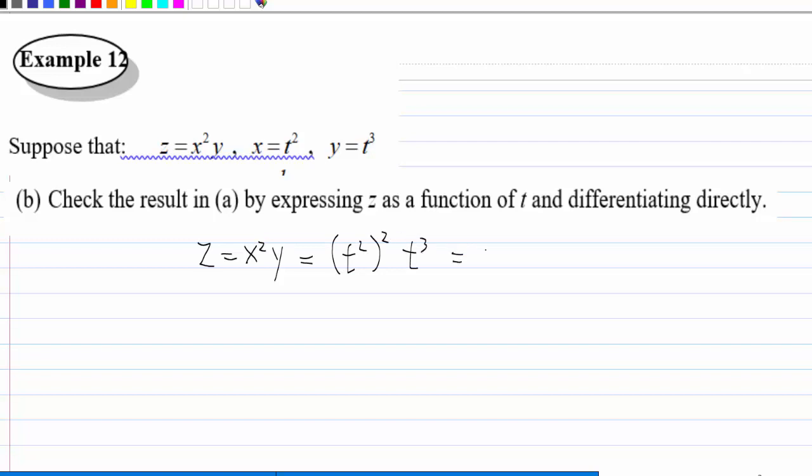So this is actually t to the power 7. Therefore, when you find dz/dt, this is equal to 7t to the power 6, as we found out in part A.